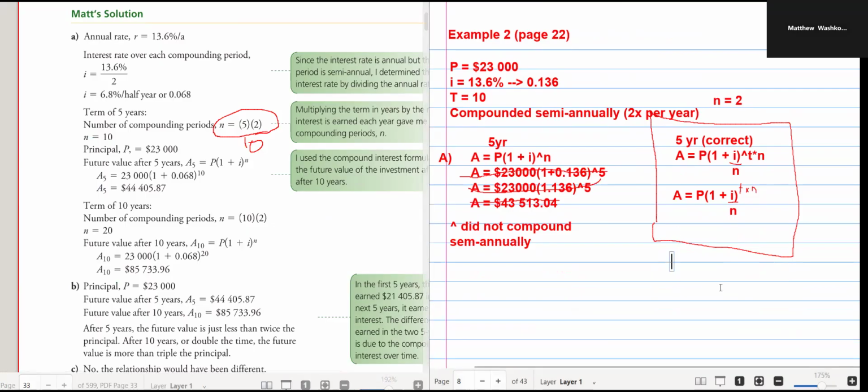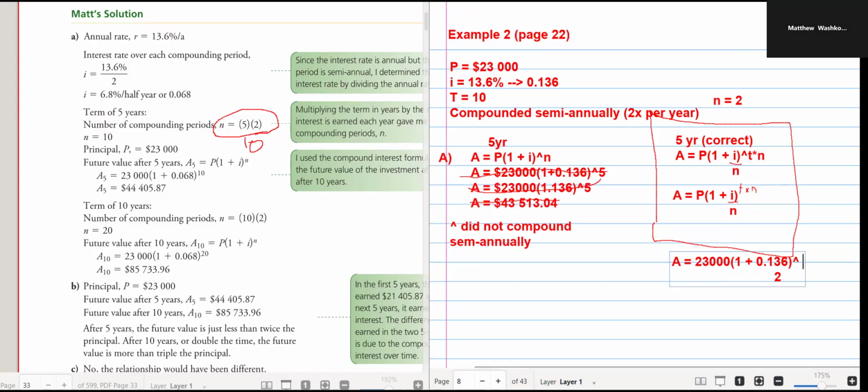So in this case, if I include everything in here, A is equal to my principal, which is $23,000, times 1 plus I divided by N. My interest rate is 13.6%, divided by how many compounding periods in a year? 2.